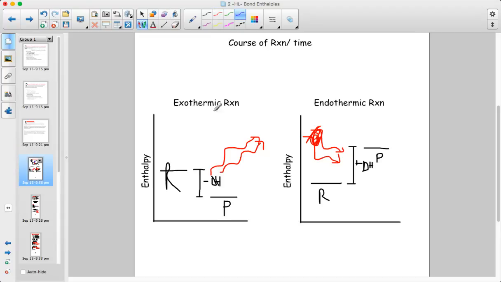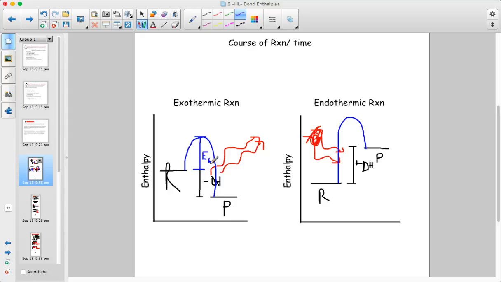The other thing that we tend to add to these enthalpy level diagrams is a big curve, a big sort of mountain. And what we're doing is we're representing that reactions have activation energies. It's not just a straight downhill process for exothermic reactions. Many exothermic reactions, pretty much all of them, require some sort of input of energy to get them going.